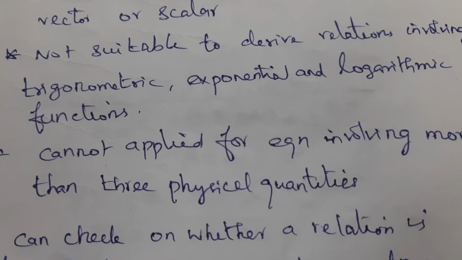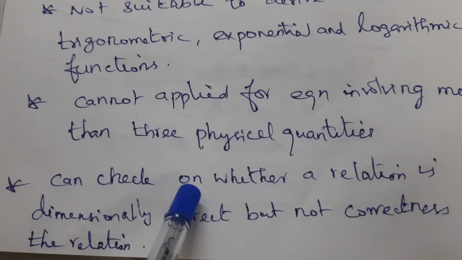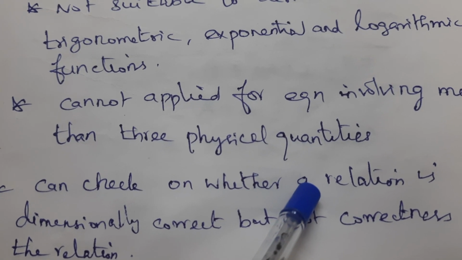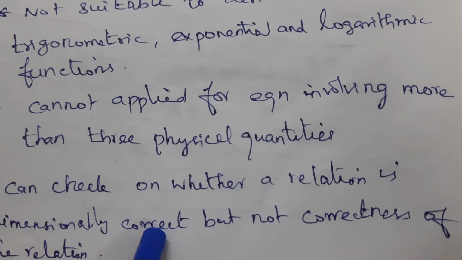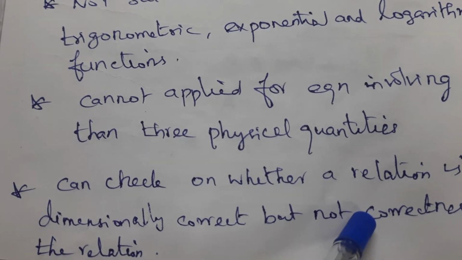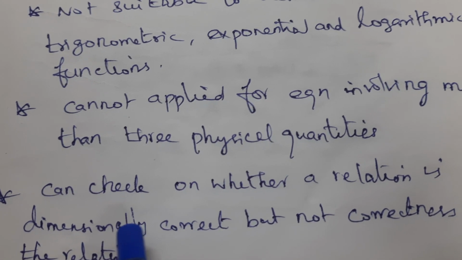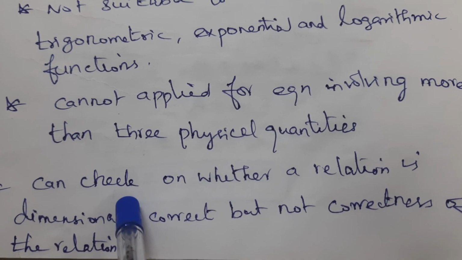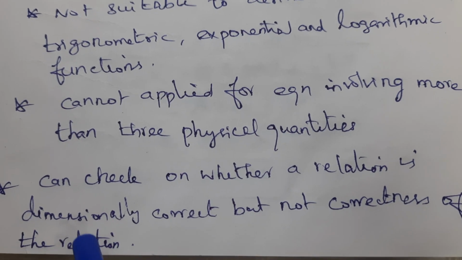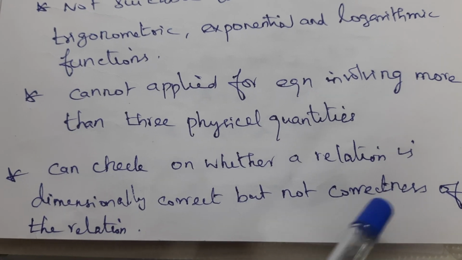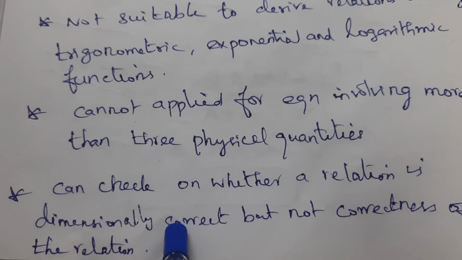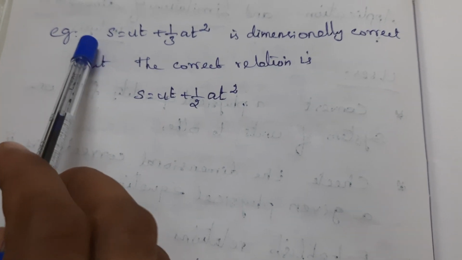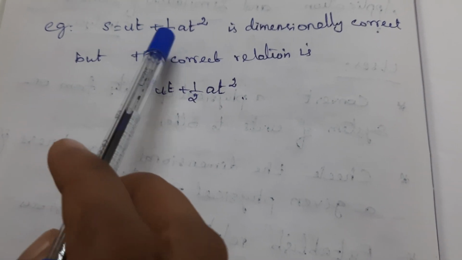The last limitation is it can check only whether the relation is dimensionally correct but not the absolute correctness of the relation. For example, s is equal to ut plus 1 by 3 at square.